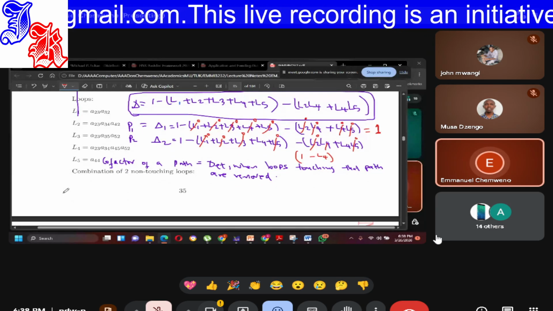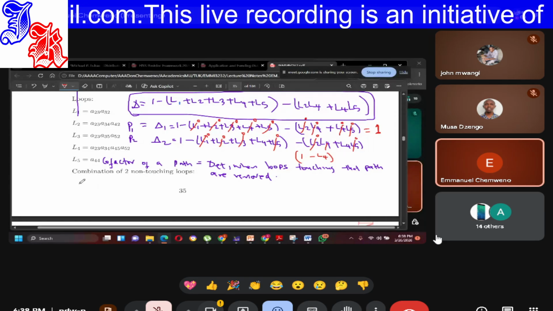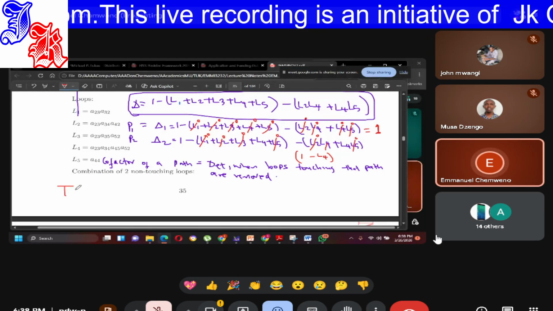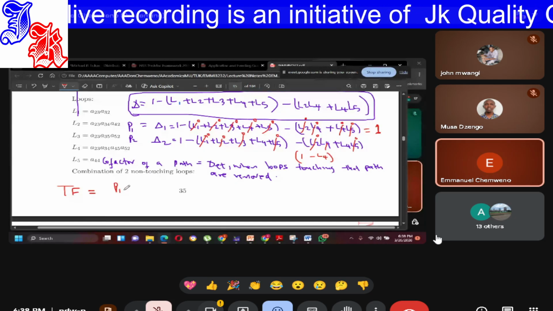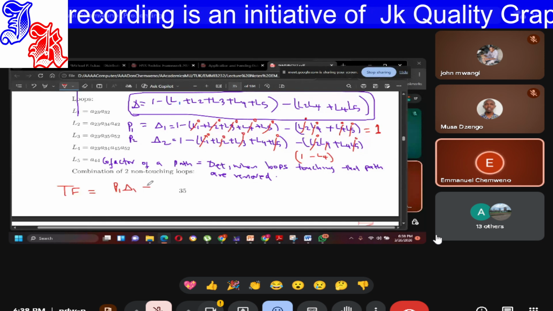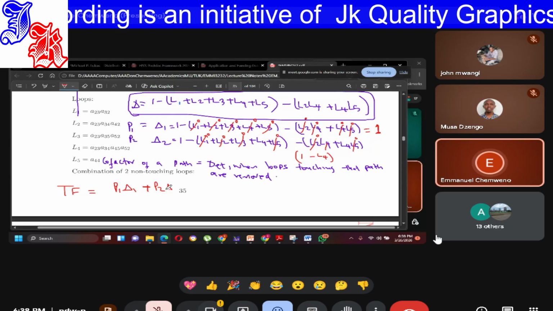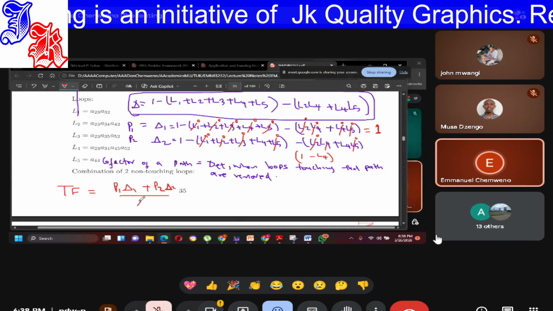So according to Mason's formula, the transfer function, because you have two paths, is path 1 times cofactor 1, plus path 2 times cofactor 2, over the determinant.